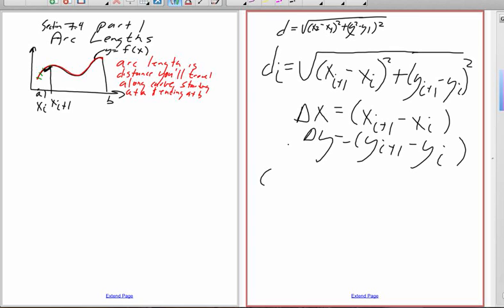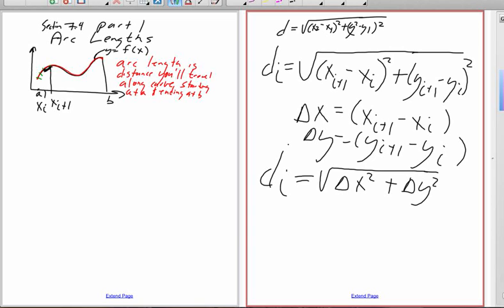So my little bitty piece, distance, then is going to equal the square root of delta x squared plus delta y squared. All right? Now, obviously, the actual piece we've got is going to be a little bit bigger because we have a curve, whereas this is using a straight line. But we're going to start with this for right now.